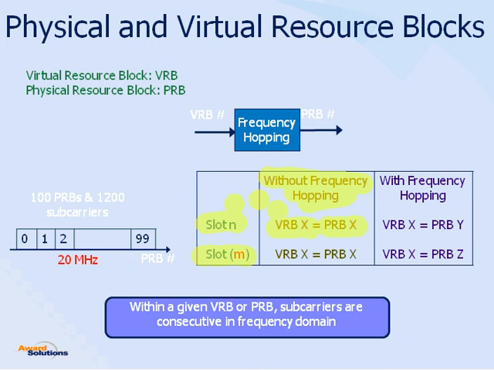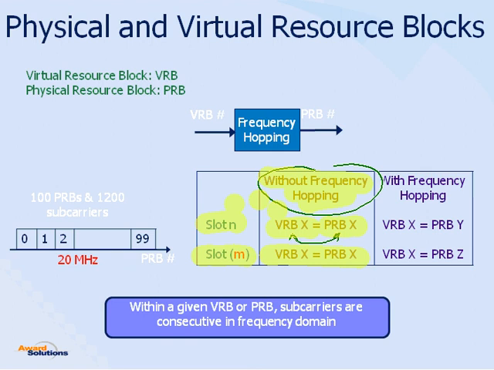Let's say we have another slot, maybe the next one in sequence, again, no change. So if you do not want to do frequency hopping, then the virtual and the physical block numbers are the same. So basically, we are just essentially specifying the physical resource block. So there is no frequency hopping in that case.